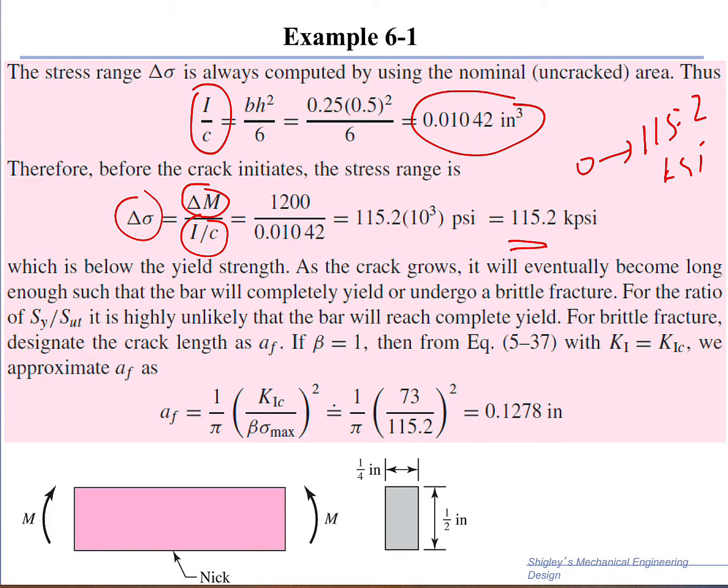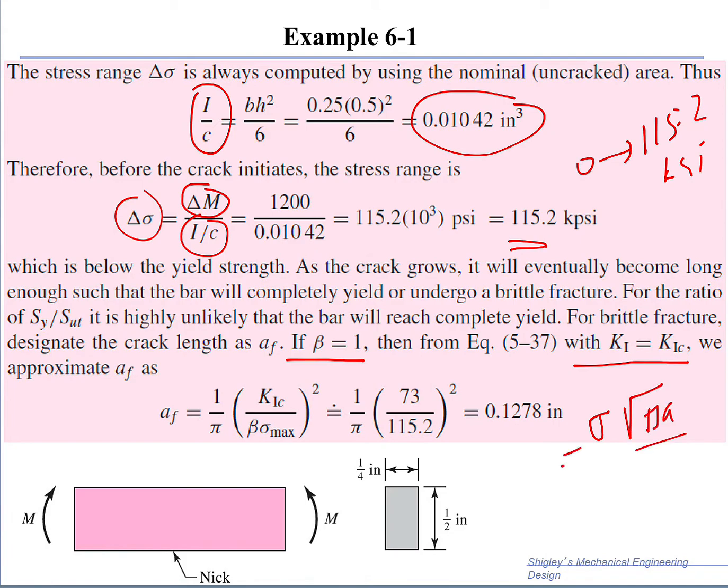Initially I will assume that beta is equal to 1, and then I can modify my assumption a little later. I'll also find the final length of the crack using K1 equal to K1C. K1 is sigma square root of pi a.